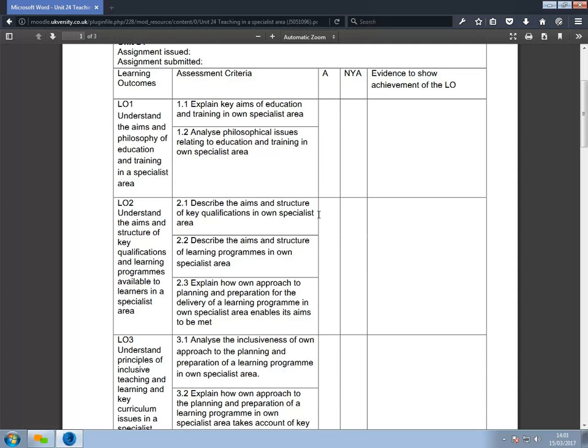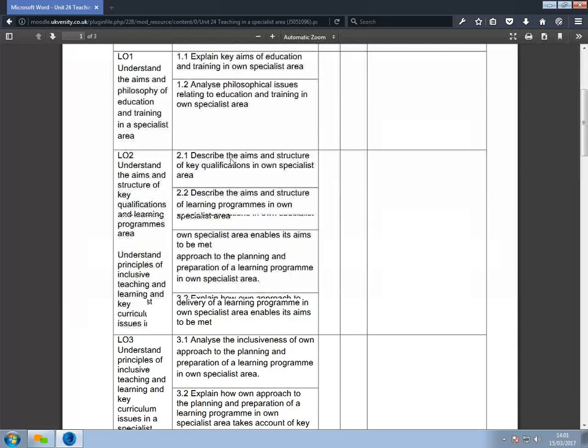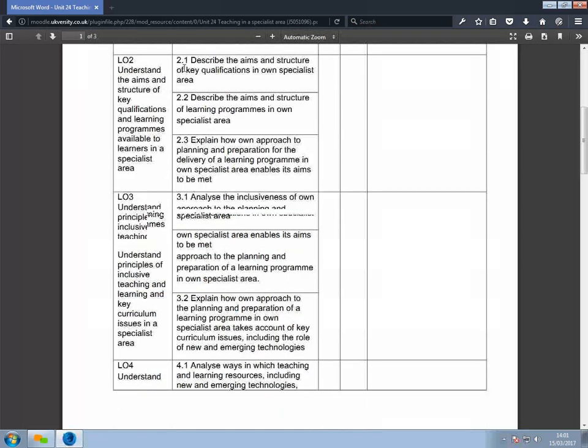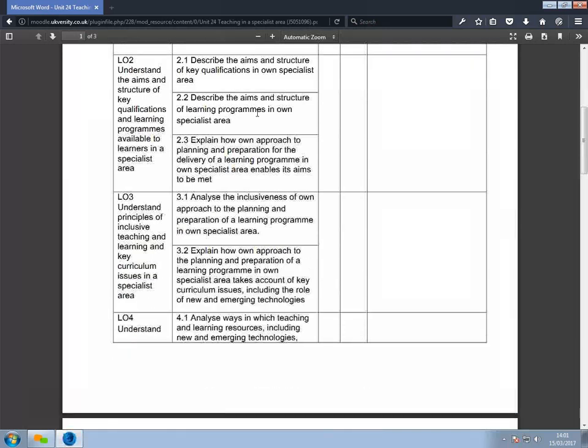Describe the structure of qualifications in this area. Describe the aims and structure of the learning programmes in your specialist area. That's differentiating some of the key qualifications and learning programmes. Some of those learning programmes won't actually be part of a qualification, others will.